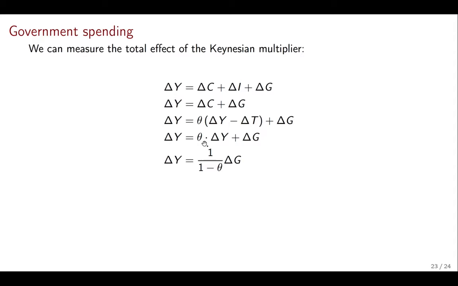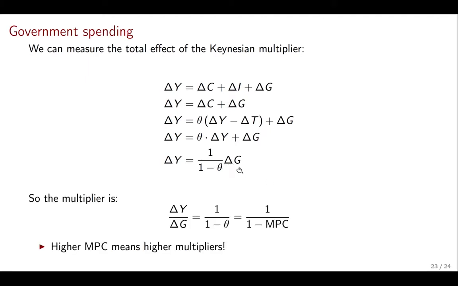And so what we get here when we solve is that the change in output is going to be proportional to the change in government spending. But here is the trick. The multiplier is going to be 1 over 1 minus theta, or 1 over 1 minus the MPC. Because the MPC is less than 1, but it's positive, this is a number greater than 1.